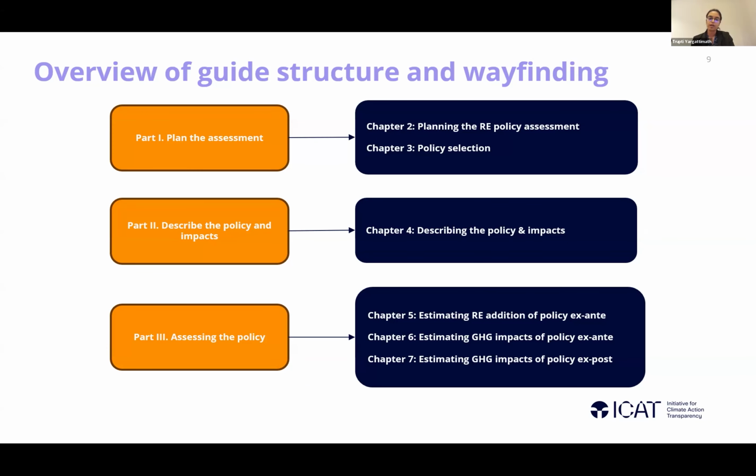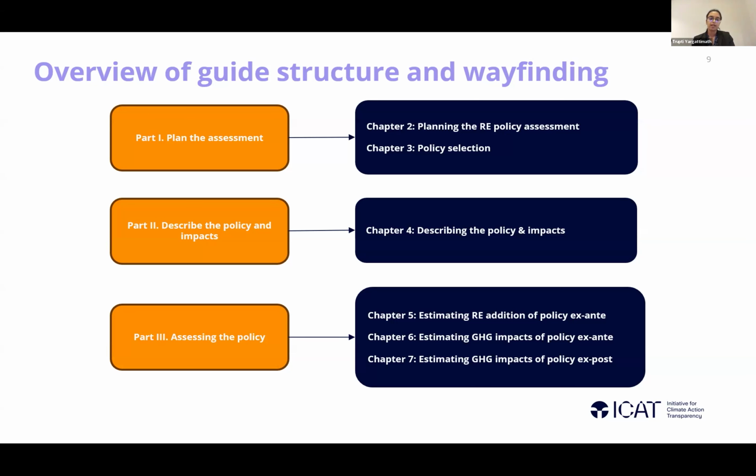Then it moves on to part two, which supports users in clearly describing the selected policy, identifying intermediate effects and potential GHG impacts, how to develop a causal chain, defining assessment boundary and period, all of this while taking into account interactions with other policies.